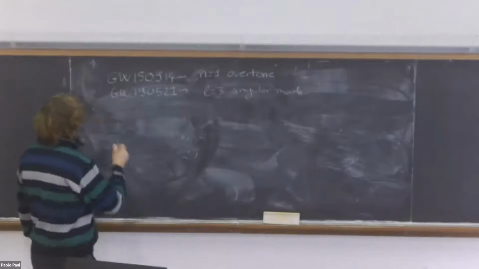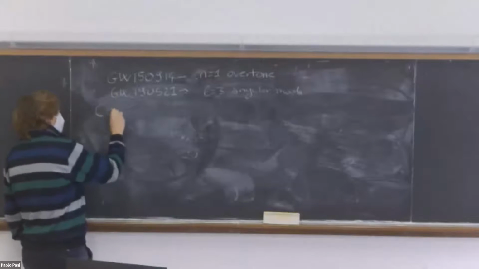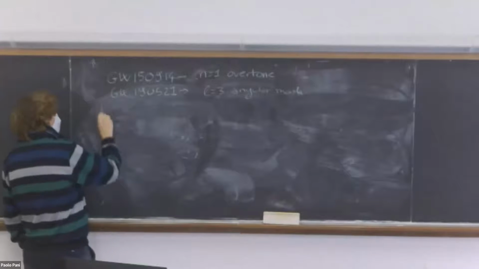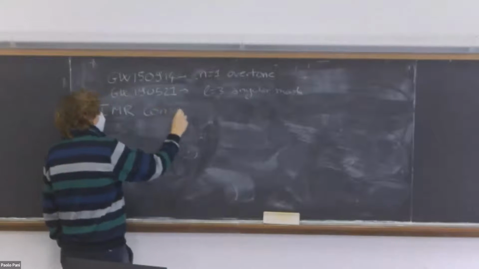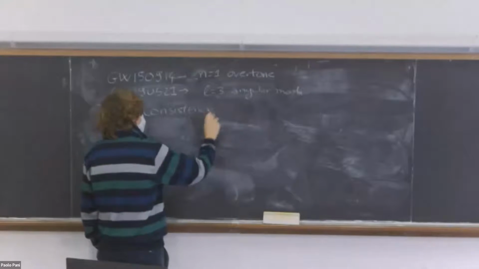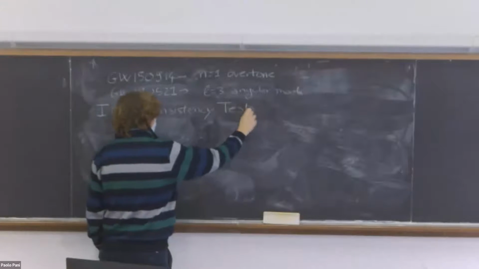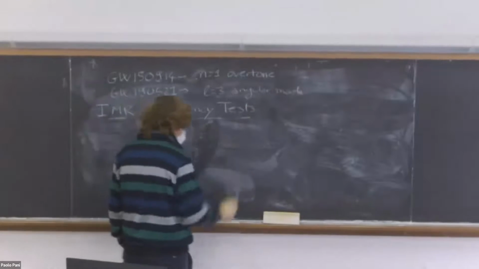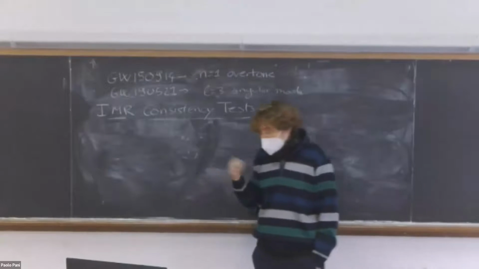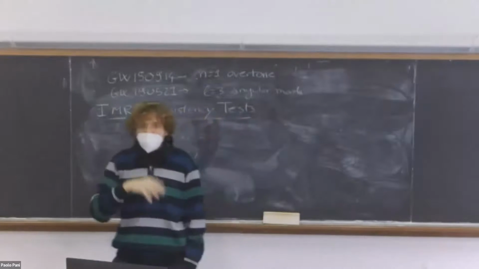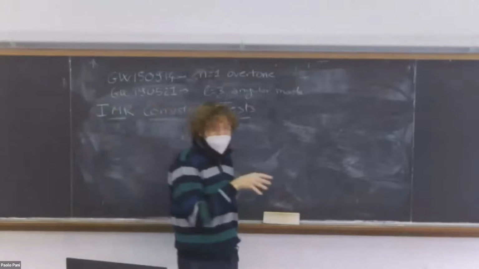And the reason is that one can do what is called IMR consistency tests, which are the following. For practical reasons, between yesterday and today, I'm discussing the inspiral and the ringdown separately.